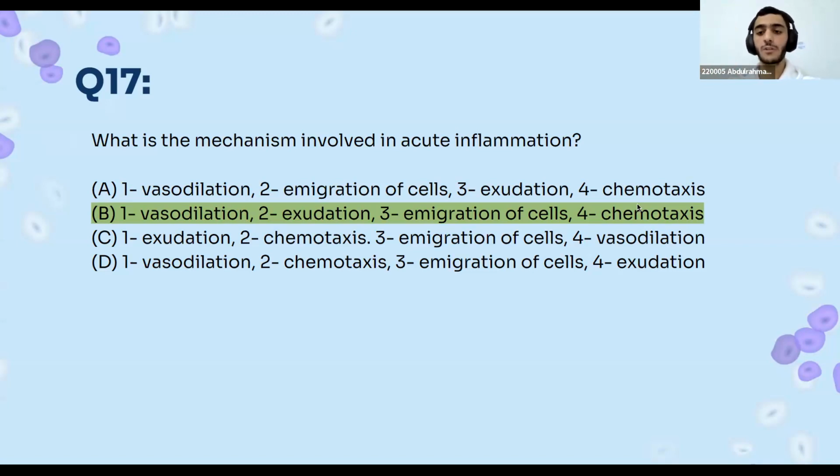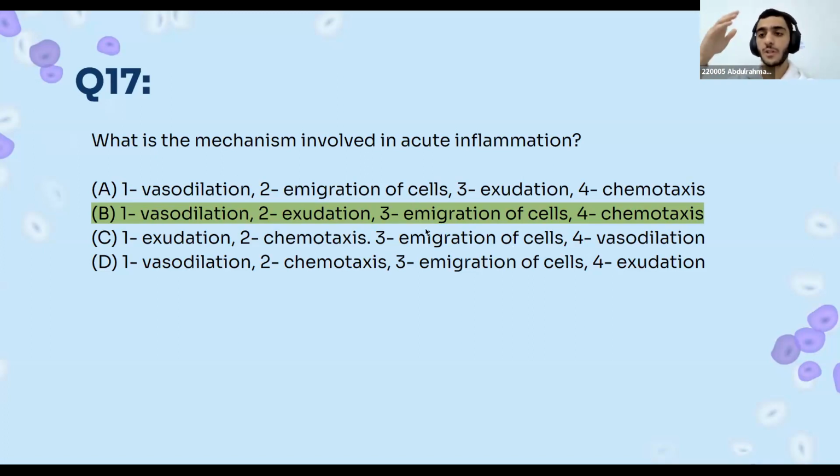For the other factors, which are responsible for recruiting them, they refer to them as chemokines. But whenever they refer to chemotaxis, they mainly want you to think about the moving of the neutrophils inside the area.